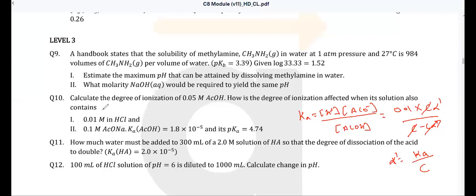Now second one, 0.01 molar of ACONA. Now this is your salt. If you think, sir, we have salt, we have acid, will it be a buffer solution? No, it won't be a buffer solution, because the concentration is not the same.